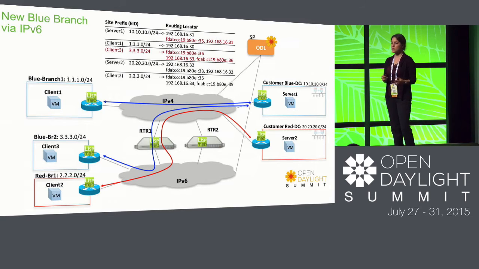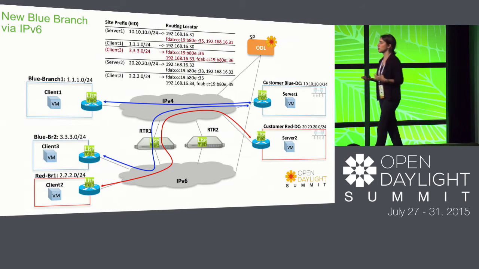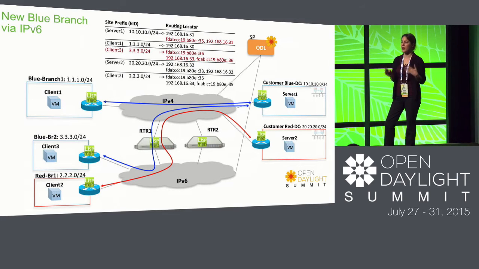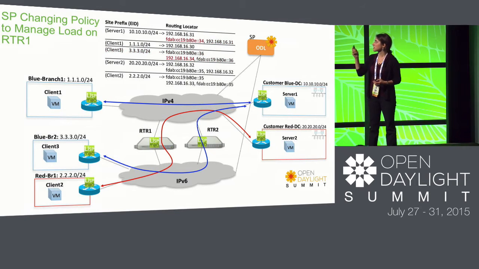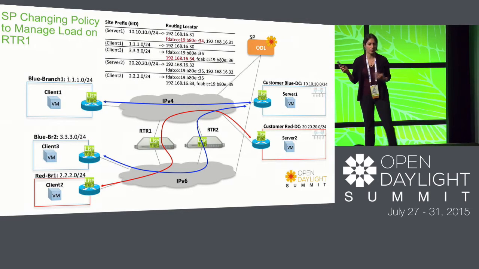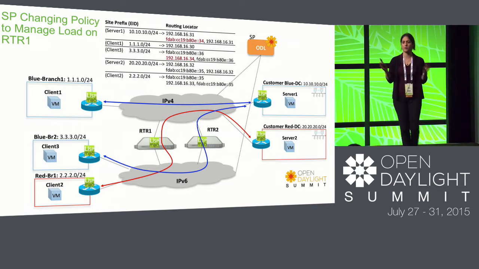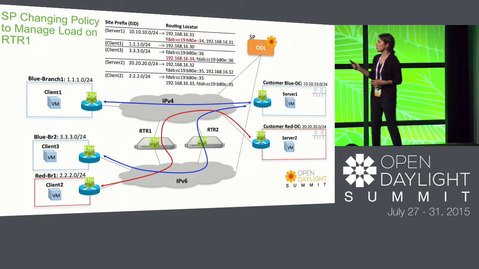The reason for that is that we want to show how the service provider can insert additional policy, for instance, to balance the load across the RTR services that it's offering. So the service provider can say, I have maybe too much load now on this RTR, and I want to move my traffic from this to another RTR service. So you can update the mappings.